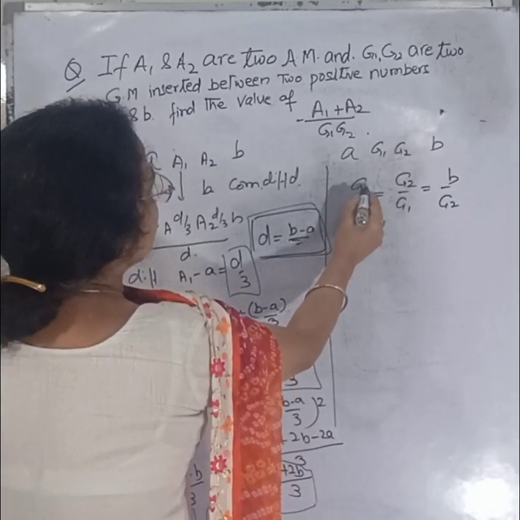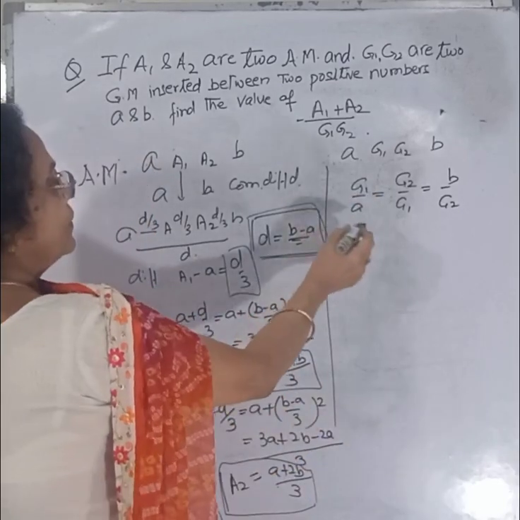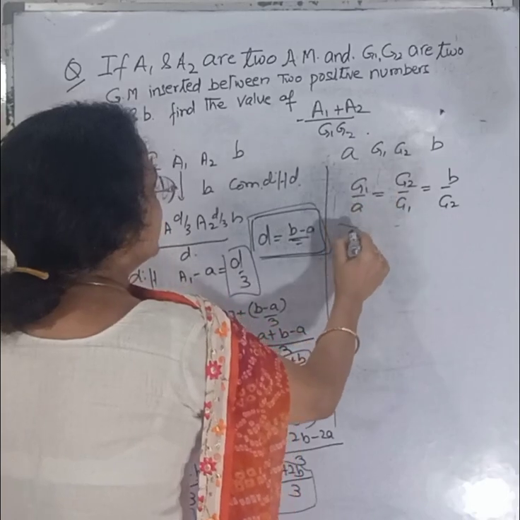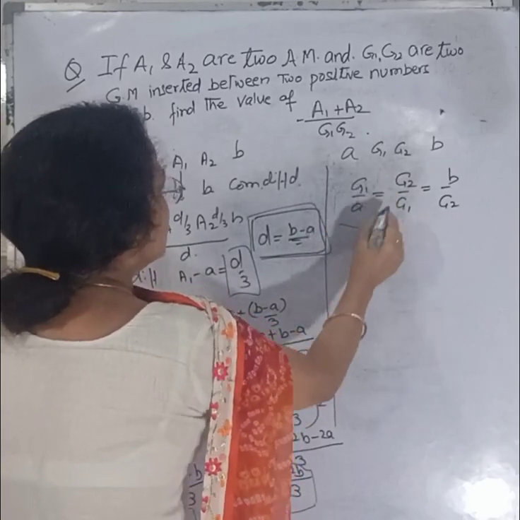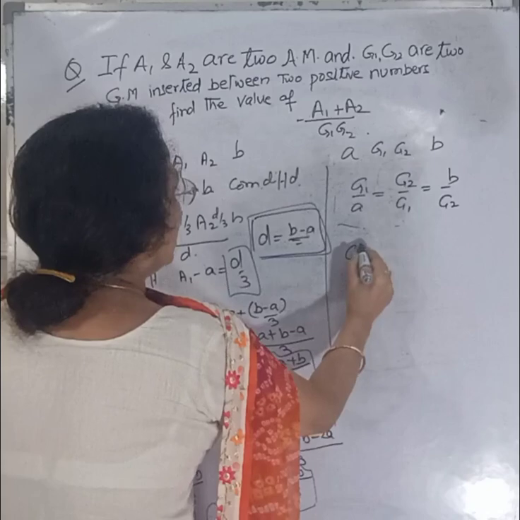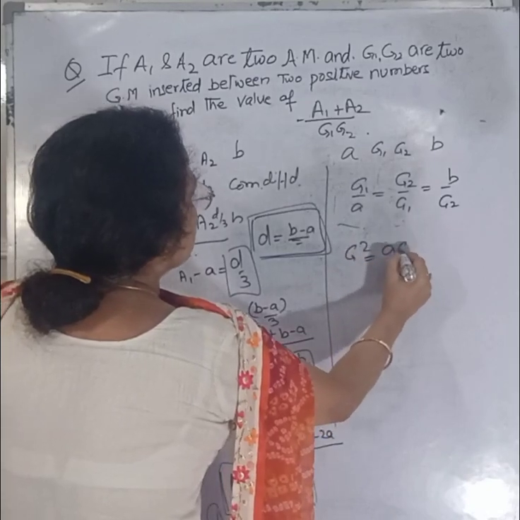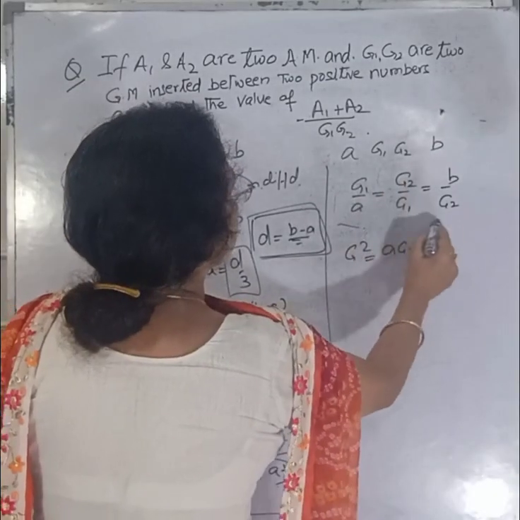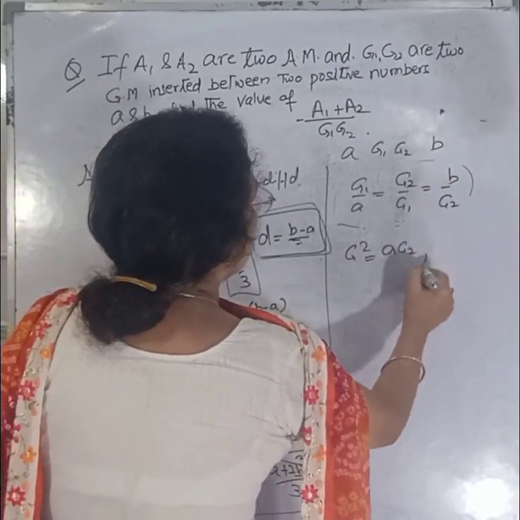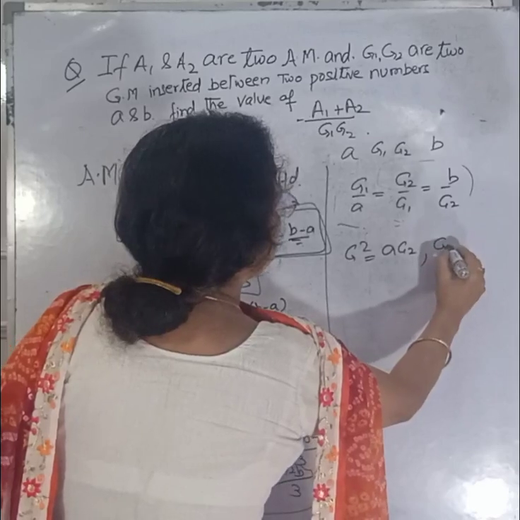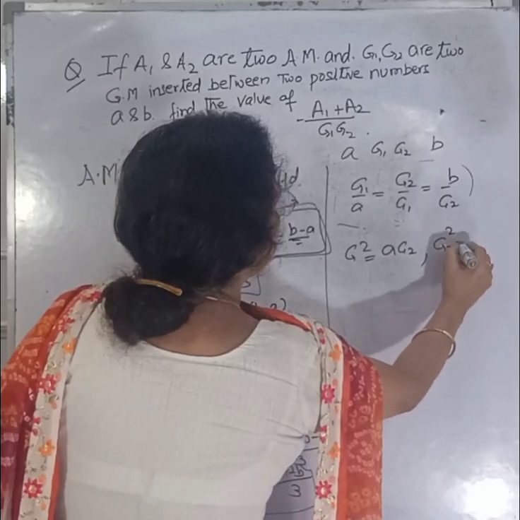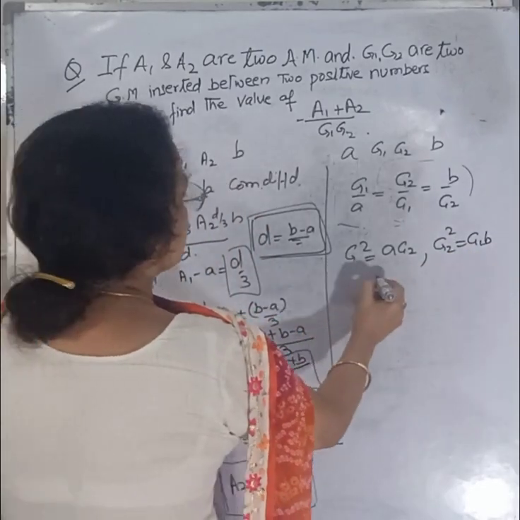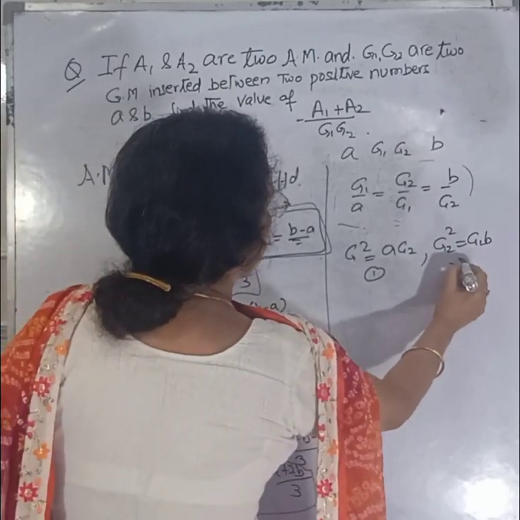First we take these two under consideration. Then we get G1 square equal to A G2. Now if we consider the other two, we get G2 square equal to G1 into B. This is first and this is second.